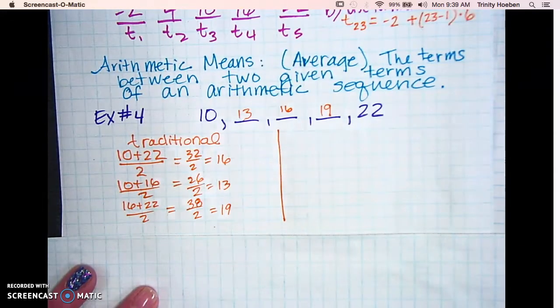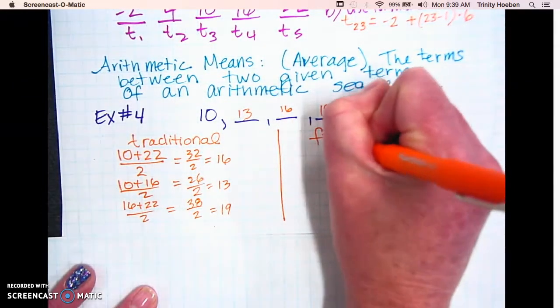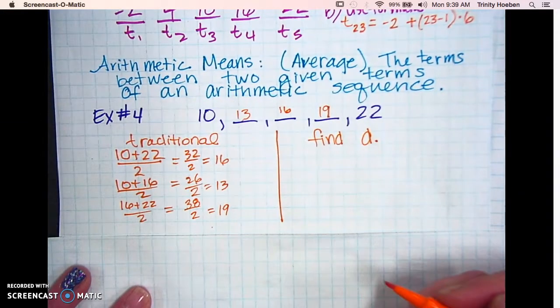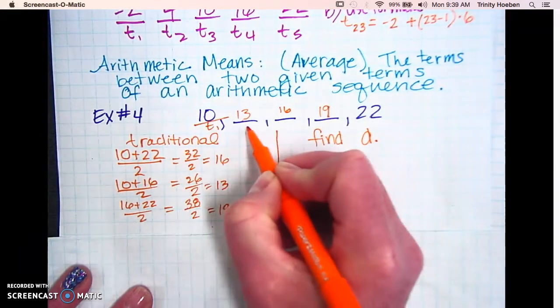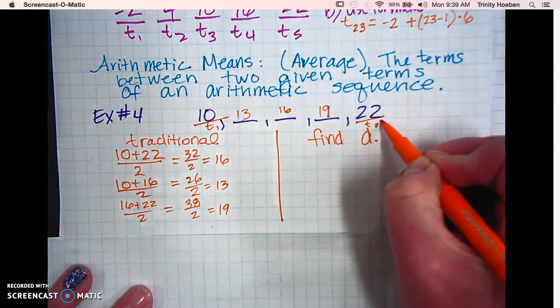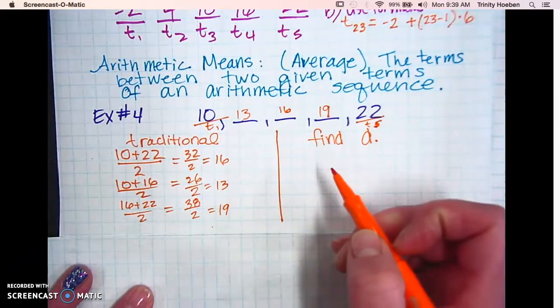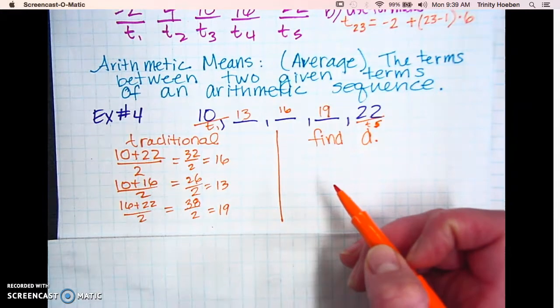Another way to do it is what we're going to do called find the D. Find the difference. Okay? So the way to do it is to say, okay, this was term 1, term 2, term 3, term 4, term 5 that we were given. And we're going to do just how we found D in example number 3.